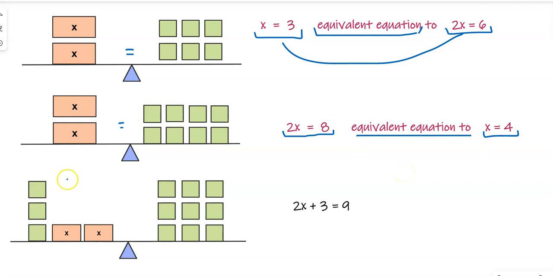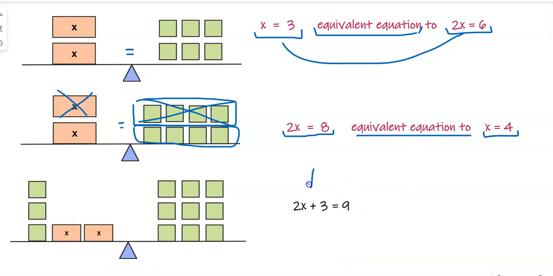Because if we divide both sides by 2, or take away half of it, we have only one x, and on the right side we divide 8 into 2 groups, which means we take away one group. So on one side we have x, on the other side we have 4. So these two are equivalent equations, right?